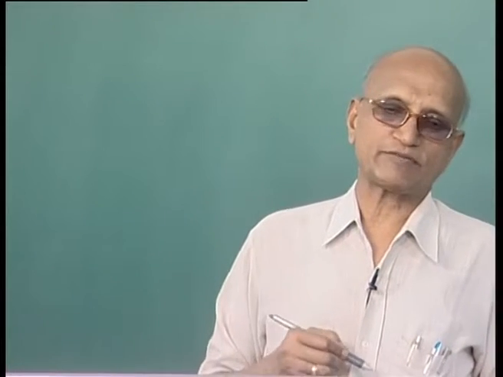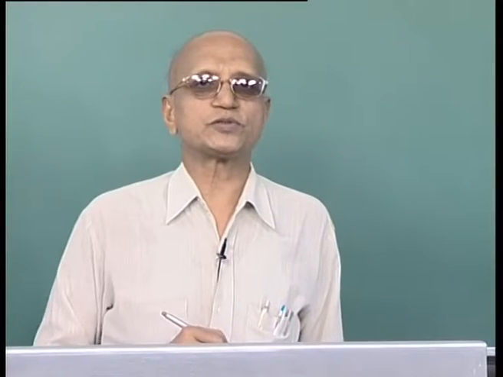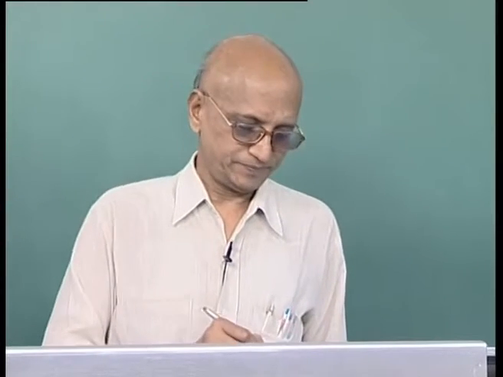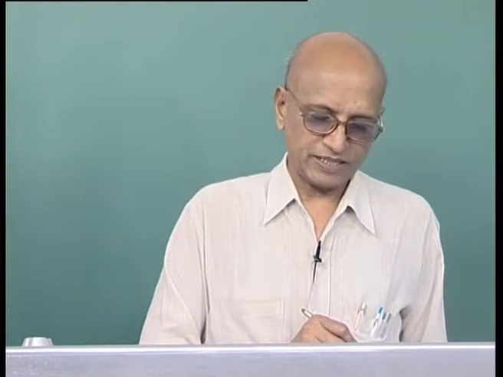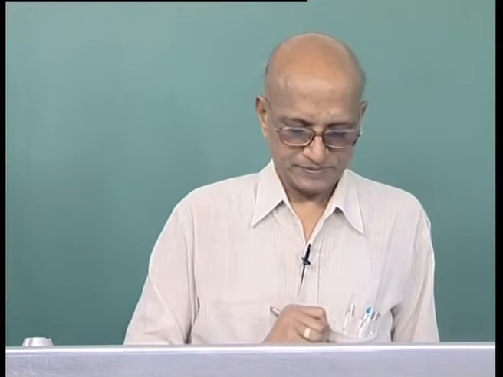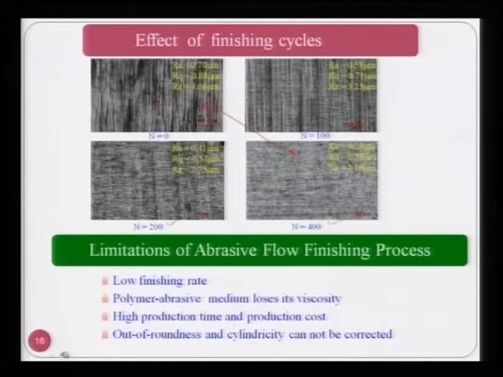So, after a certain period of use, you have to replace it with a fresh one, and its production time is high and the cost of finishing is also high, because the medium supplied by the earlier Extrude Hone, now Kennametal, is quite expensive. So, a lot of research has gone into it at IIT Kanpur to develop new types of abrasive flow finishing medium. Also, out of roundness and cylindricity cannot be corrected to a large extent.